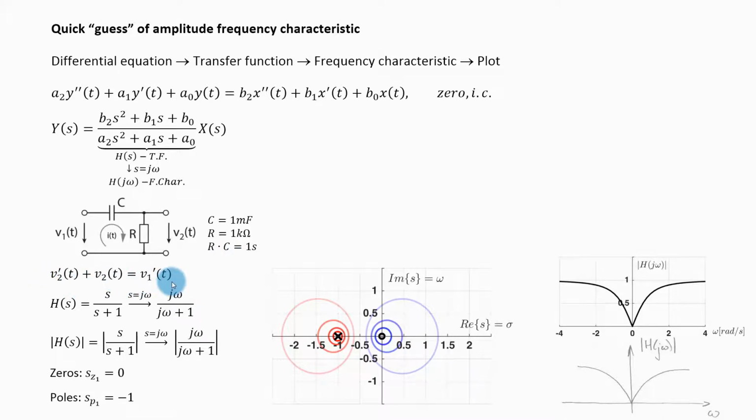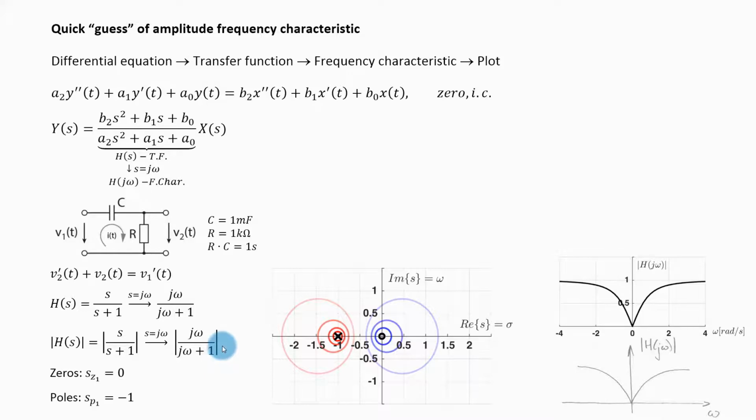Using the Laplace transform, I can find that this circuit has this transfer function. And as I said, I could substitute j omega for s, which would get me this frequency characteristic, which I could plot in MATLAB. Actually, I could do this for the magnitude of the transfer function, which would give me the amplitude frequency characteristic, which is what I'm interested in most of the time.